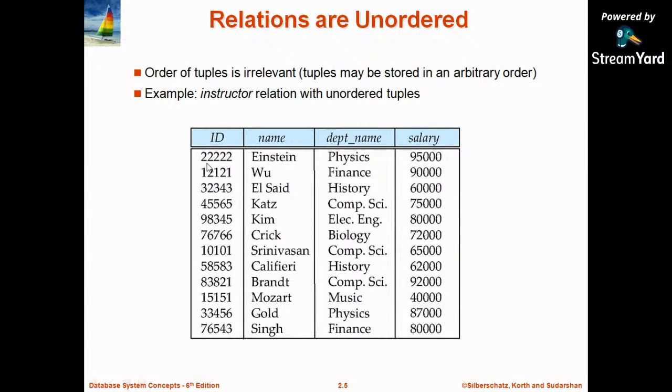In this relation, the order of rows is not relevant to us. Only which rows are present in that relation matters to us. For example, in the previous case 10101 was the first row, but in this case it is in the 10th row or so, but both of the relations are the same. So order is irrelevant to the relation, it can be in any order.